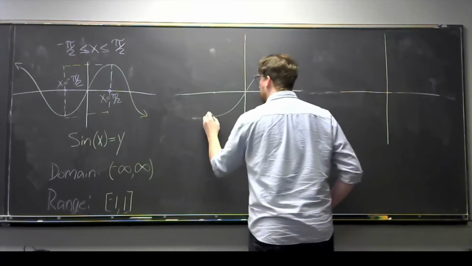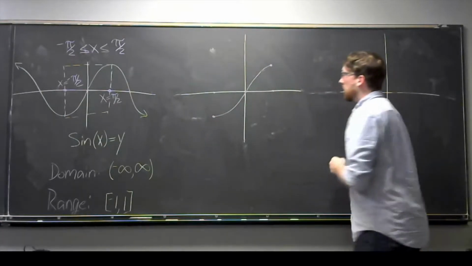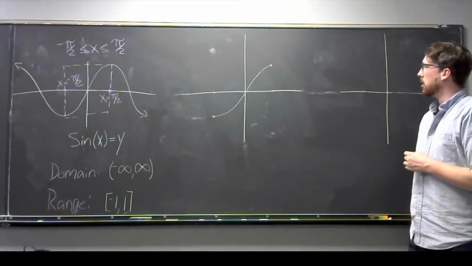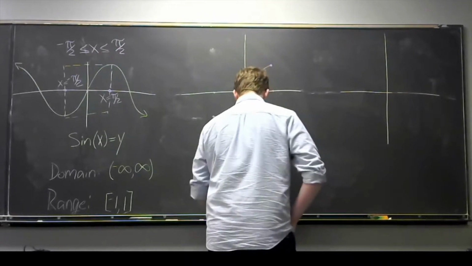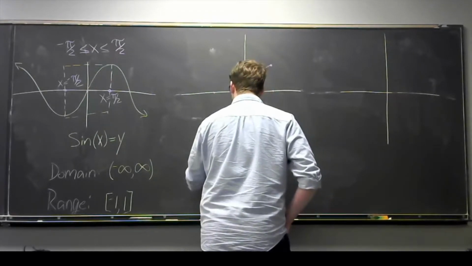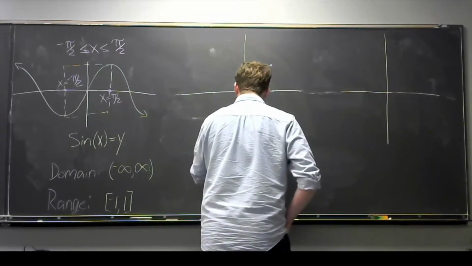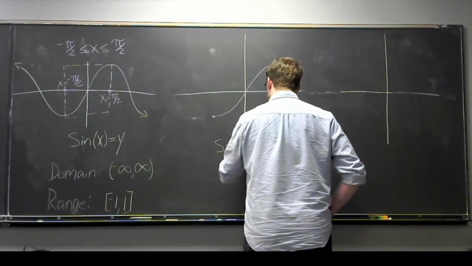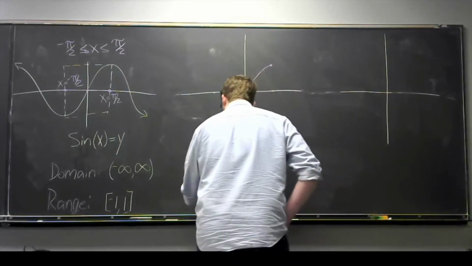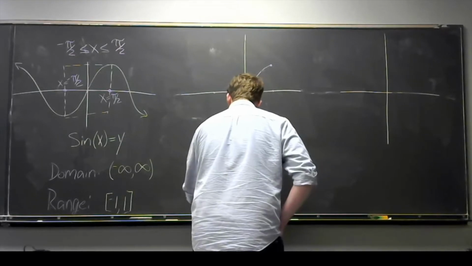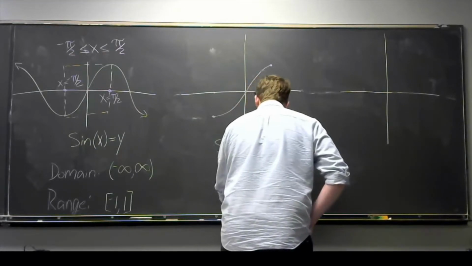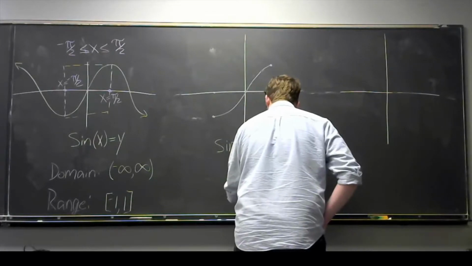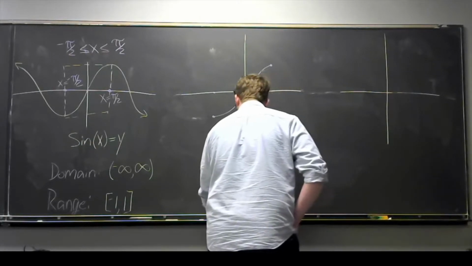It's going to look something like this, right? So this is going to be sine of x equal to y when we restrict the domain so that x is between negative pi over 2 and pi over 2.